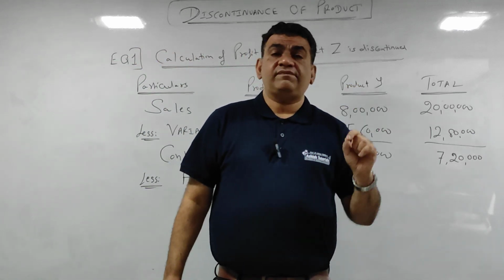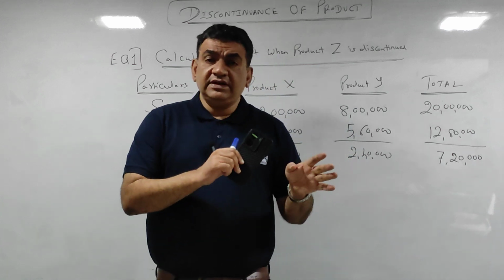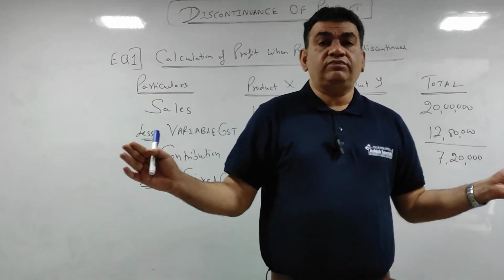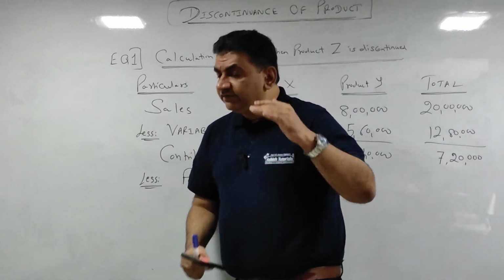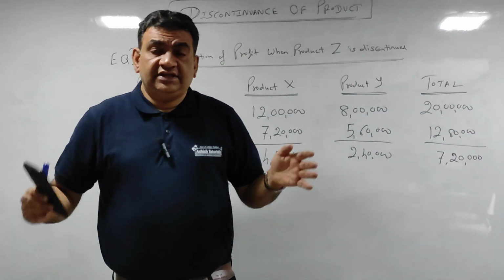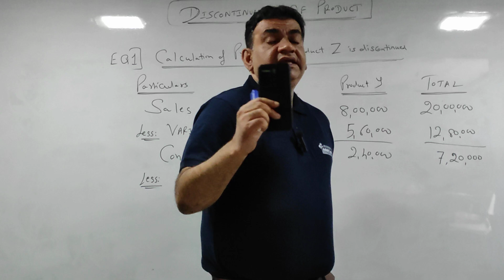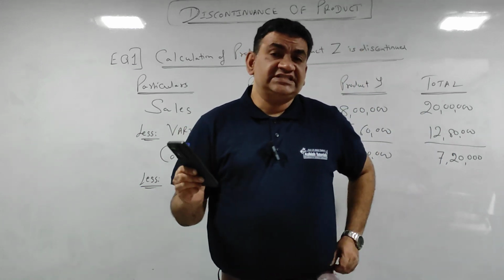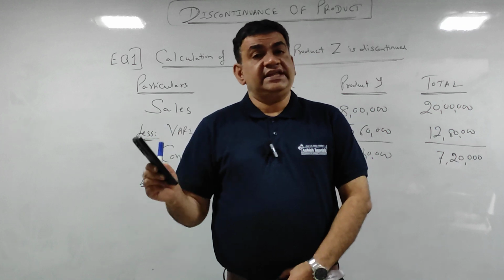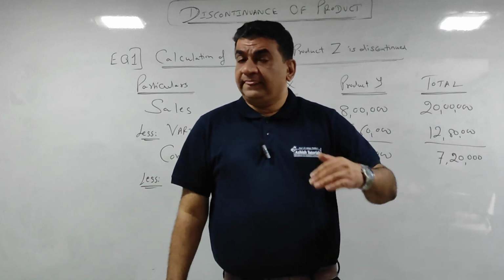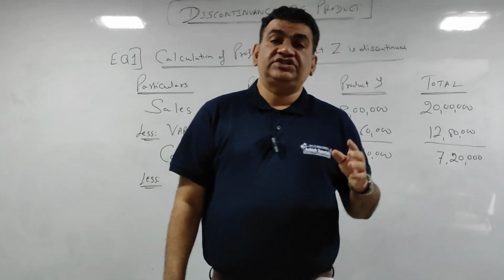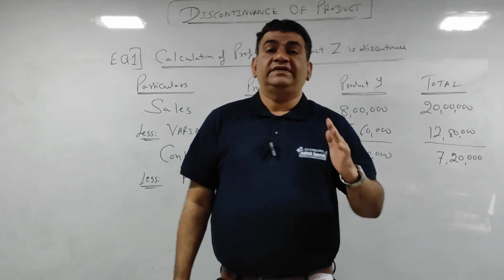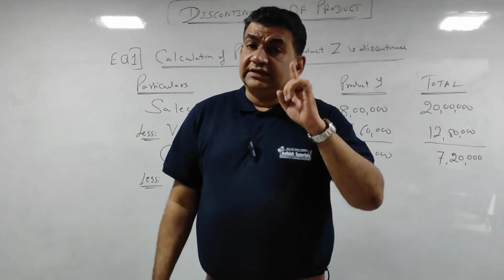Very first session of marginal costing. Variable cost is the cost which varies or changes according to the output, whereas fixed cost is that which remains fixed irrespective of the level of output.